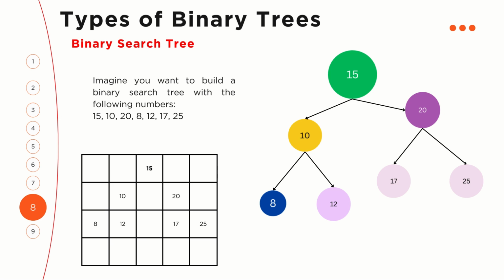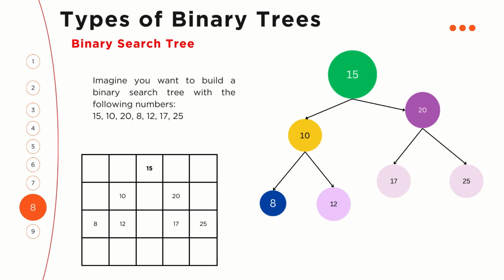No. But then 8 is less than two of these numbers. The best place to put it is under the 10, because the other numbers which are there are all greater than 10. So I'm going to put the 8 under the 10, but at the left side, because all the numbers that are lesser than the parent or the root go to the left.